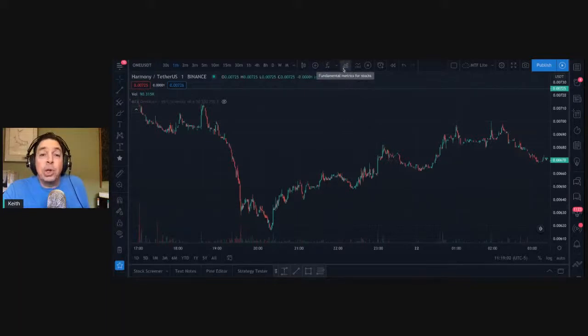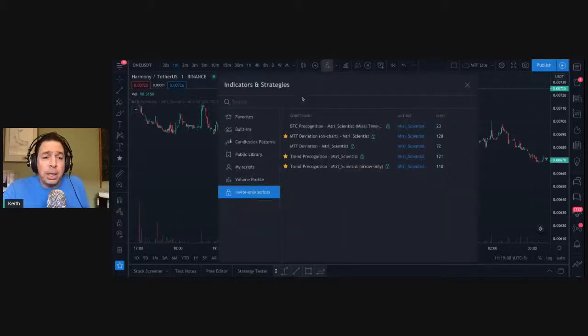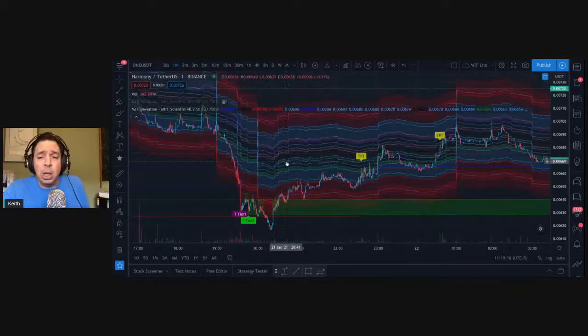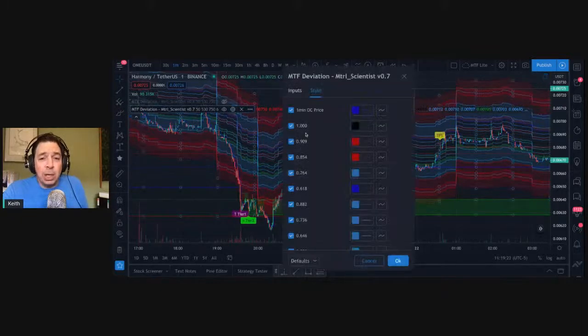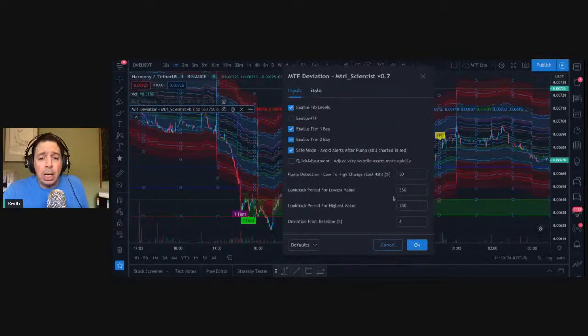So all you have to do is go to where you add indicators to your chart. Click on the tab, go to invite only scripts. It's going to be MTF deviation, and the chart loads. Now the default setting is a 6% deviation, which is typically ideal for volatile crypto markets.